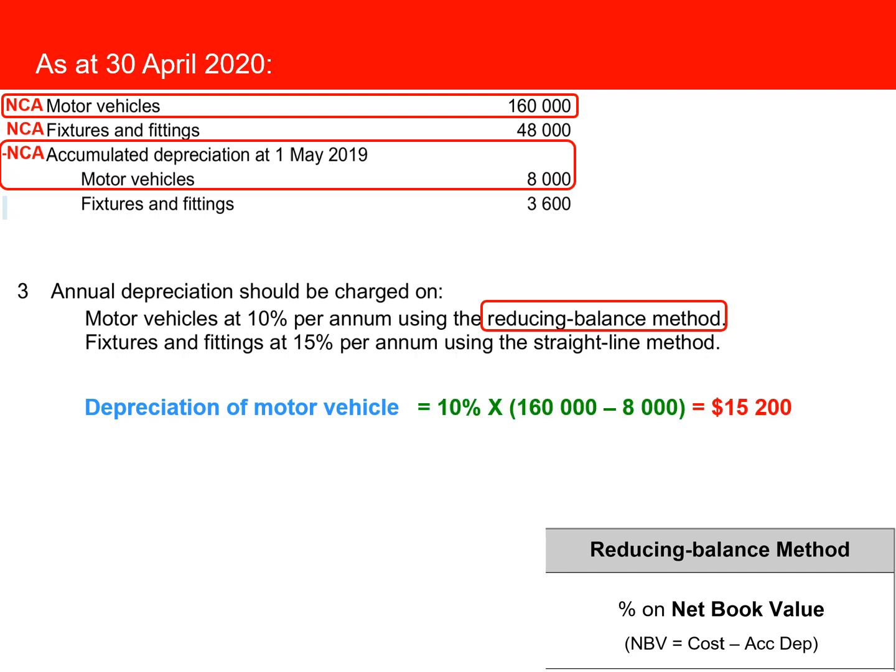Then you multiply by 10%, you will arrive at $15,200. So this is the cost of using your motor vehicle for your accounting period. So you will need to create this new item called depreciation of motor vehicle, and this is our expense.